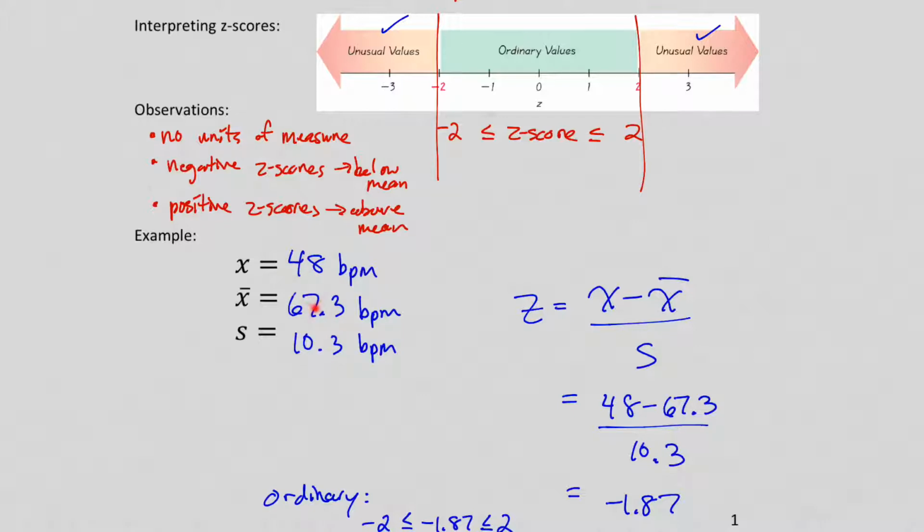So 48 and 67.3: you're going to find the difference, but then you're going to standardize it by dividing by the standard deviation. In this case, one standard deviation represents 10.3. So 10.3 above the mean and 10.3 below is one standard deviation.